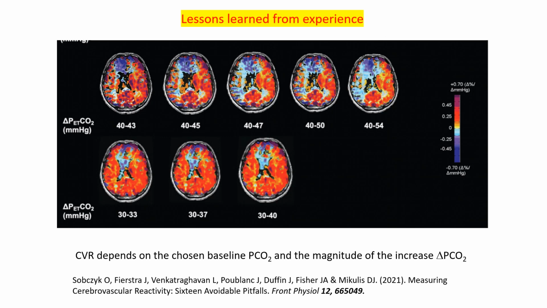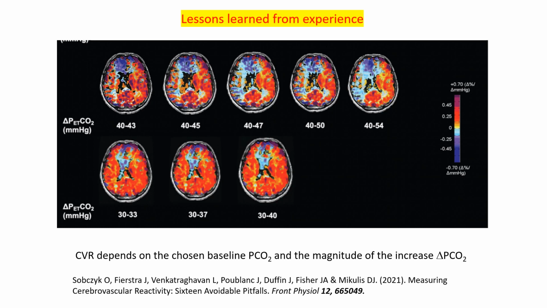Another important consideration is that CVR depends on the magnitude of the stimulus, as the top row of maps demonstrates. It is apparent that it must be sufficient to show pathology. We find that to reveal pathology reliably, an increase of at least 10 millimeters of mercury PCO2 is needed.